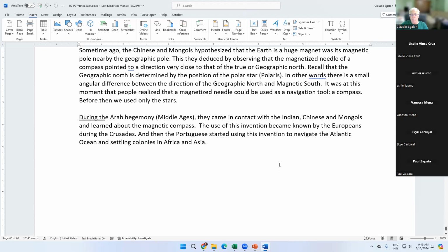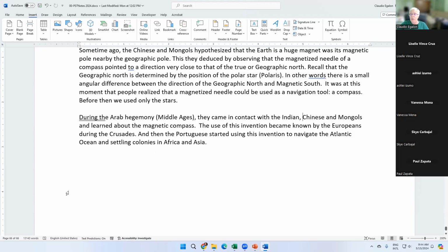And then when the Europeans rose to power, when the Europeans came in contact with the Arabs, they were also exposed to the magnetic compass through the Arabs. It was not just Marco Polo going to Kublai Khan, going to Mongolia and becoming exposed to the magnetic compass, but the Europeans also became exposed to it through the Arabs.